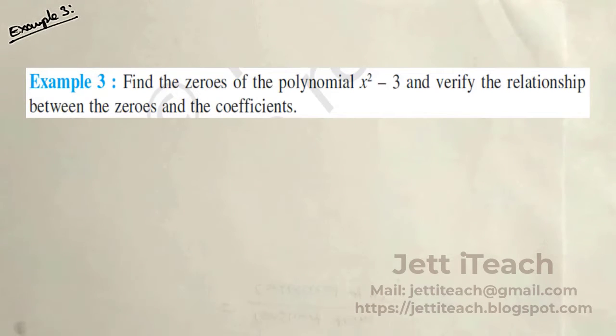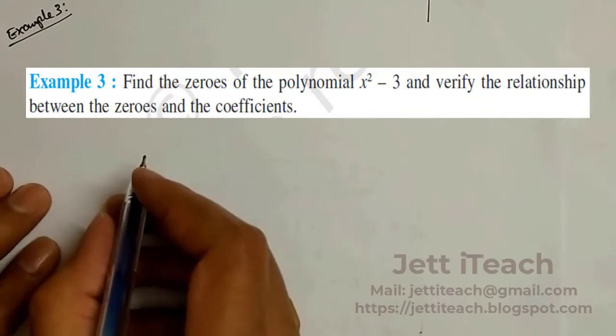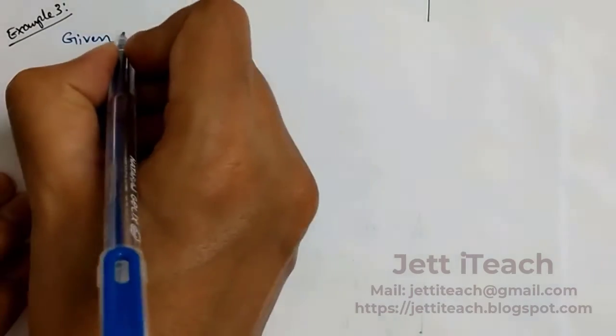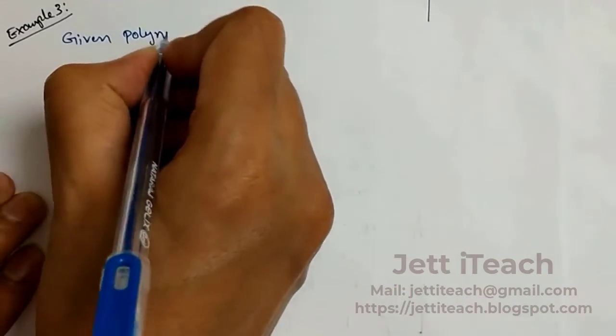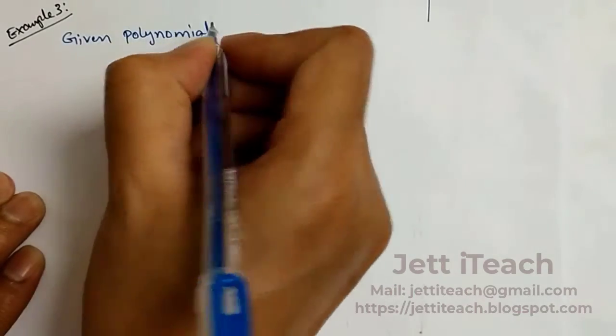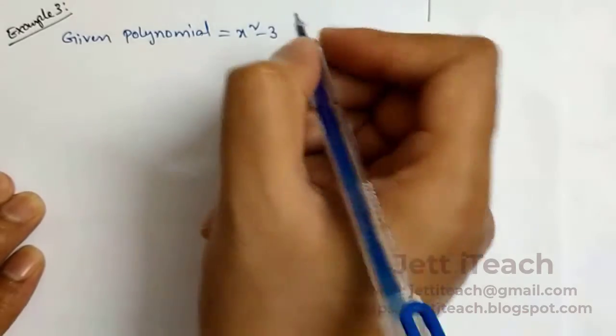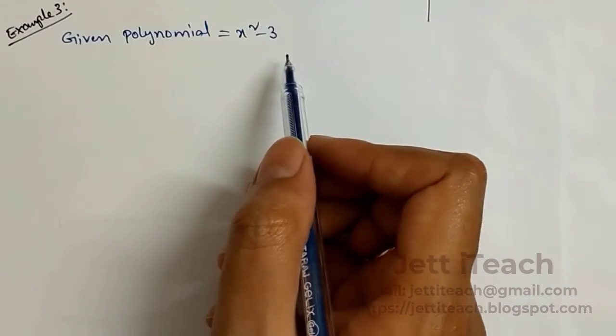Okay, example 3. Find the zeros of the polynomial x square minus 3 and verify the relationship between the zeros and the coefficients. I will write the given polynomial. Here there is no x term.